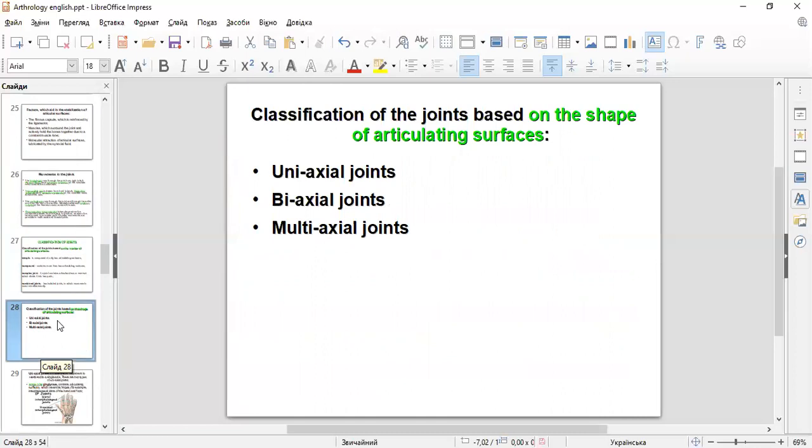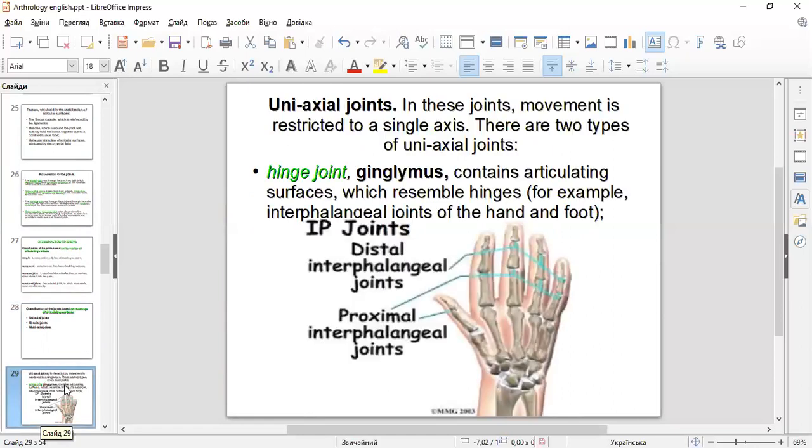Classification of the joints based on the shape of articulating surface. Uni-axial joints, bi-axial joints, multi-axial joints. Uni-axial joints.